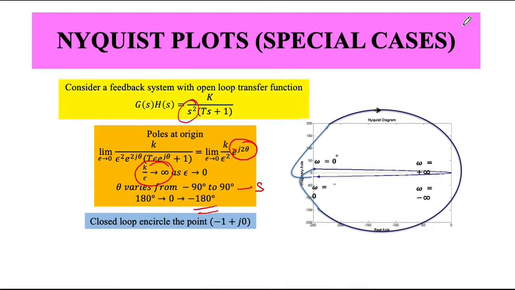I just go here, it gets terminated at omega equals plus infinity, then it starts from omega equals minus infinity and moves till omega equals 0. What happens later is, again, just look at the infinite radius from angle minus 180 degrees to positive 180 degrees.